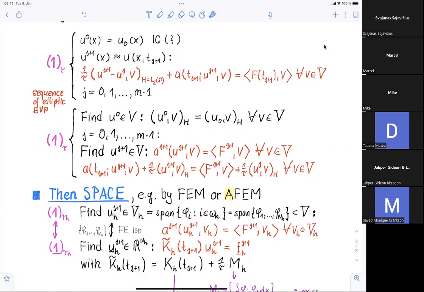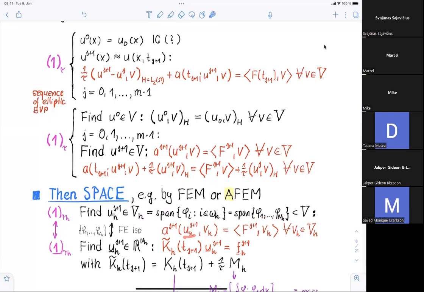So we look for an approximate solution in a finite element space. V_H should be a subspace of V spanned by, say, hat functions. We have a discretization of the spatial domain omega, and then you can basically use your elliptic code and look for an approximation.